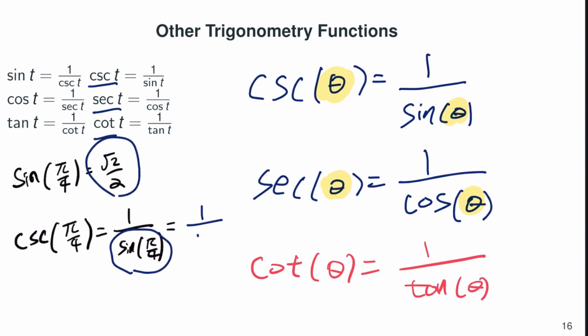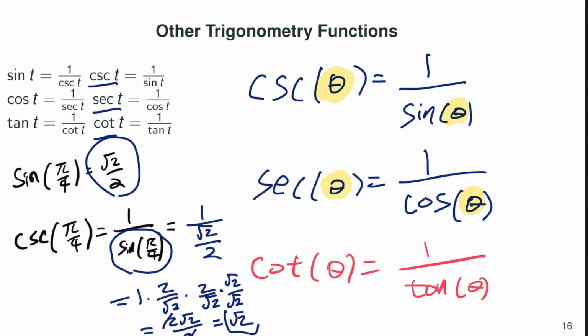So we have 1 over square root of 2 over 2, which is 1 times 2 over square root of 2, multiplying by the reciprocal. I get 2 over square root of 2. We need to rationalize, multiplying by square root of 2 over square root of 2. I get 2 square root of 2 over square root of 2 times square root of 2, which gives me 2. That cancels out, giving just square root of 2. So cosecant of pi over 4 is square root of 2.